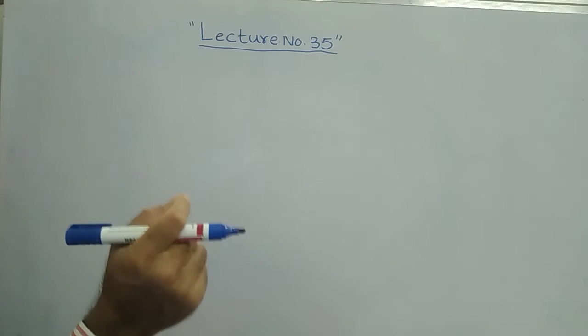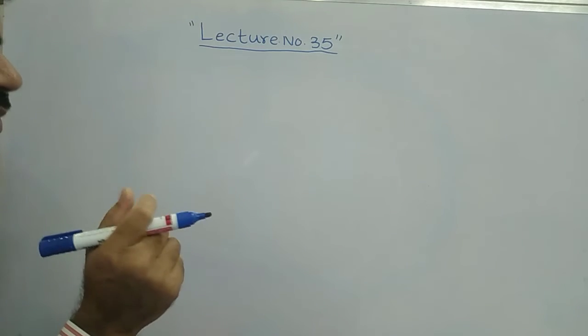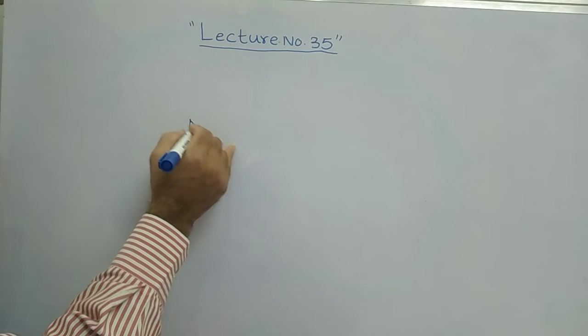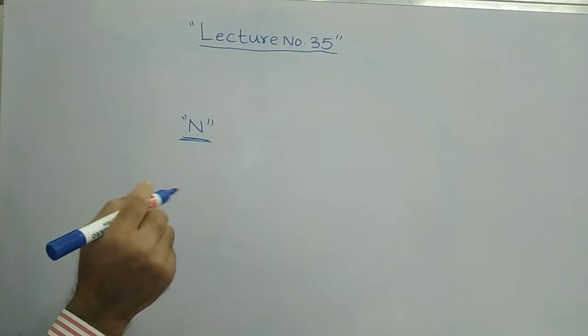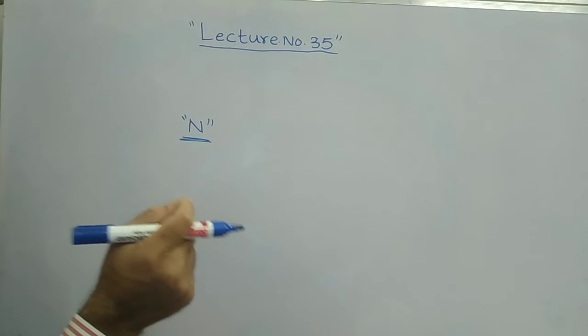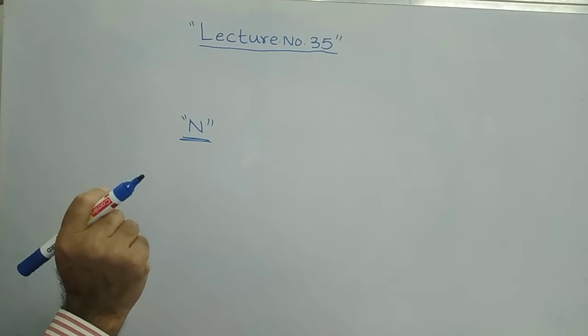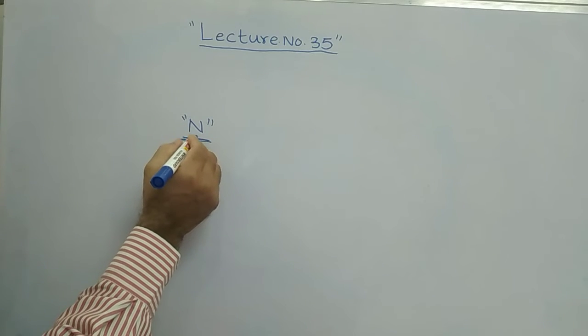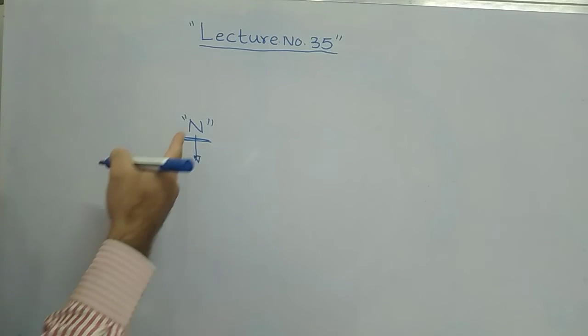One more important thing regarding this n, whatever n we are studying: this n represents the number of poles at the origin of the loop transfer function. N is the type number.